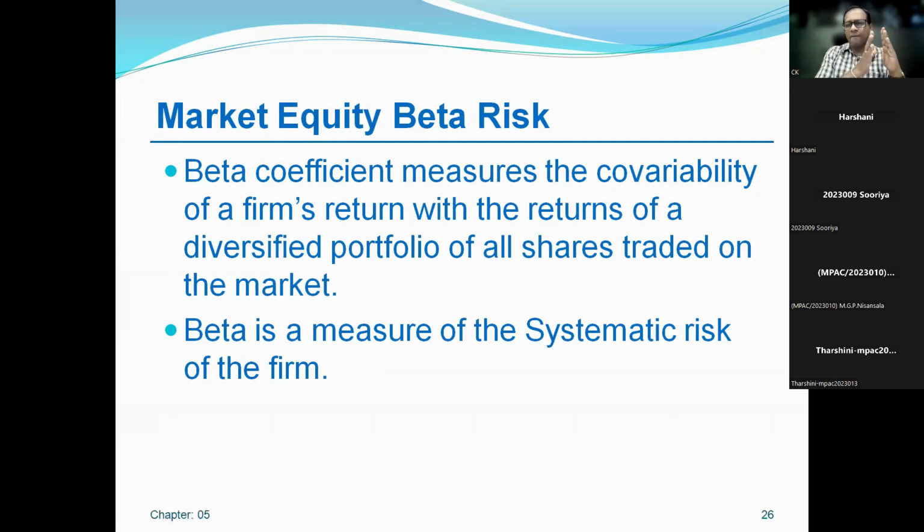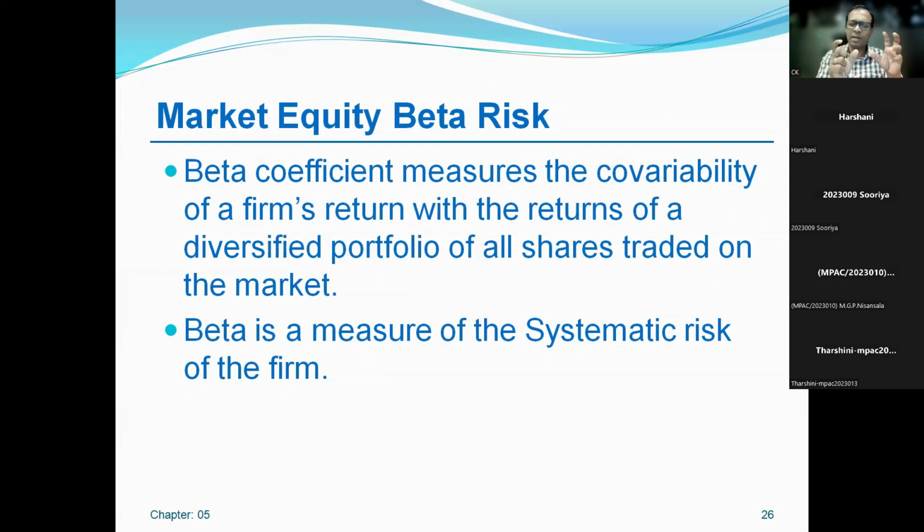the variability of a security or a firm's return relative to the market return. Say, for example, if the market return fluctuation is 5% and you have the firm's return fluctuation, that can be derived through beta.